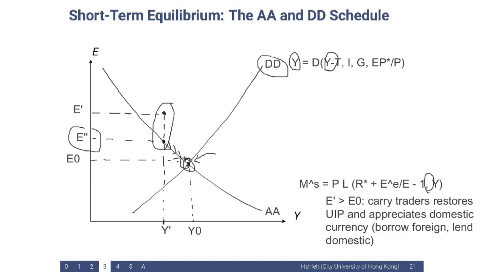The DD schedule, on the other hand, represents demand creates supply. And so naturally, our equilibrium is this intersection, which means that every market is cleared. Supply equals demand, no incentive to conduct carry trade or arbitrage. That's what this intersection represents.